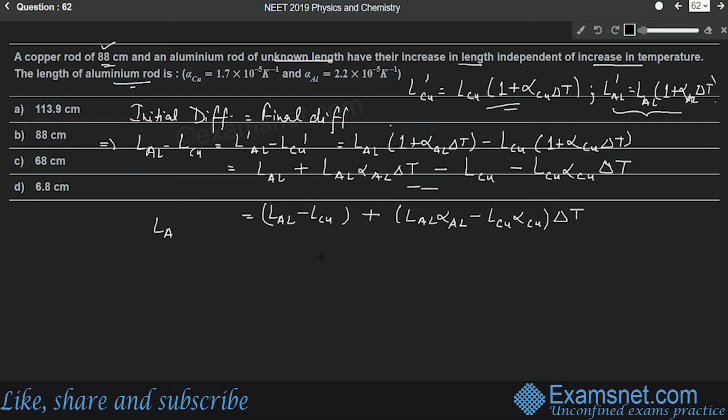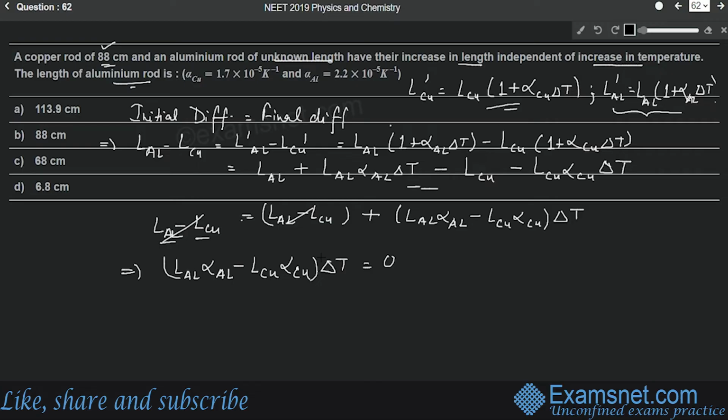So this is same as the initial difference in the length of aluminium and copper rod. So we can see that L aluminium minus L copper is on both the sides of the equal sign. So it will be cancelled. So what is left here? Here we get L aluminium alpha aluminium minus L copper alpha copper, times delta T, equals to 0.